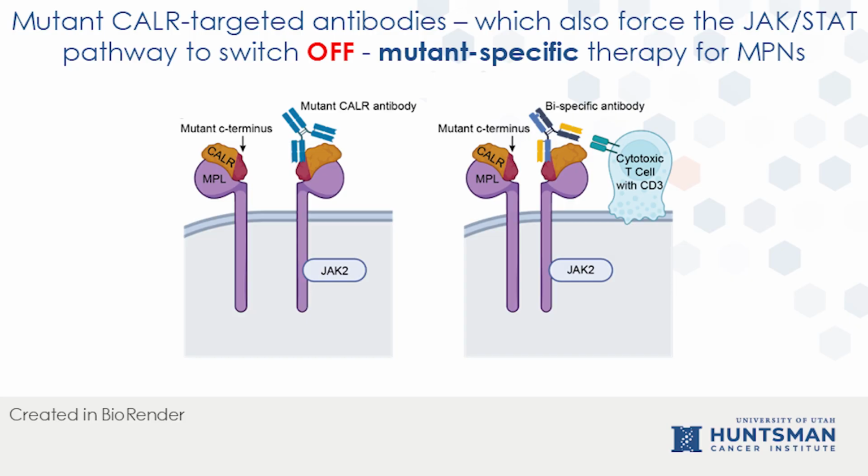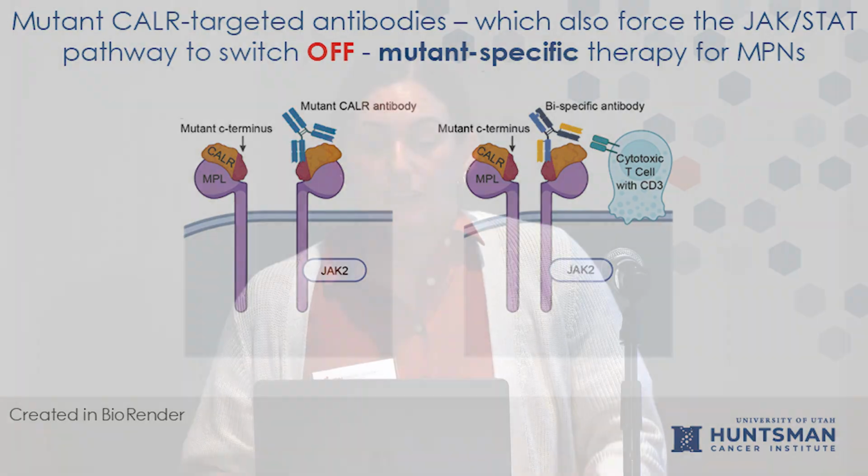We can use an antibody, and we can direct an antibody to just that mutated C-terminus of the protein. This is really good because it means normal cells will not be affected at all. You have to have that mutated C-terminus in order for this drug to have any activity.